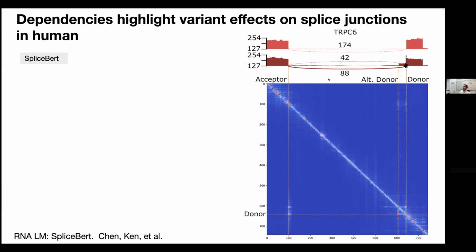And this can actually be spotted by just the dependency map. So you see an interaction or a dependency between the donor and the alternative donor, indicating that substituting the donor will change the predicted probability for the alternative donor.